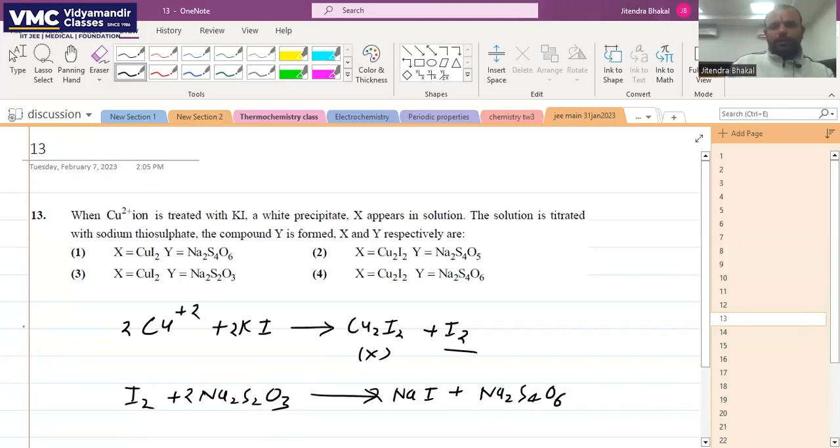This is basically a reaction we use in iodometric titration. So we need to identify X, that is Cu2I2, and Y is Na2S4O6. So option 4 is the answer for this question.